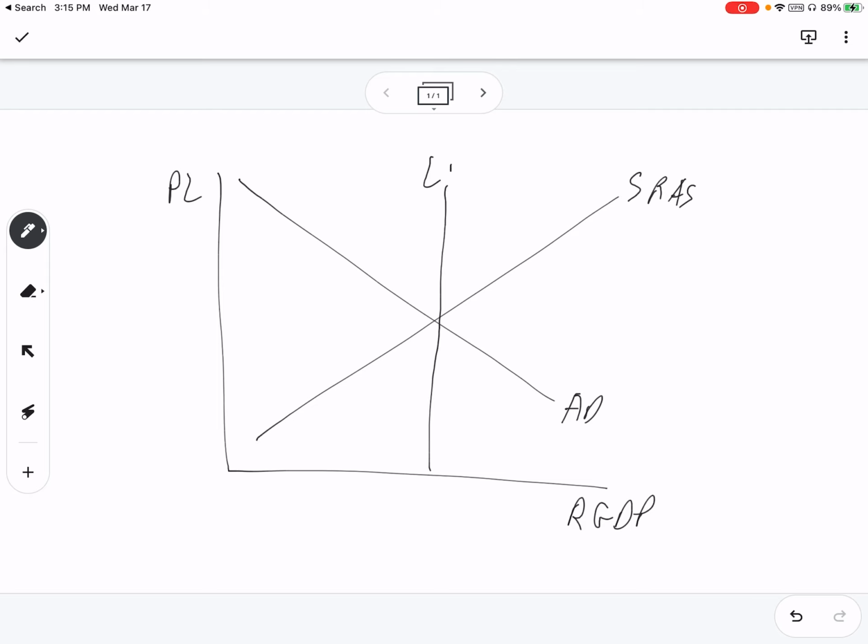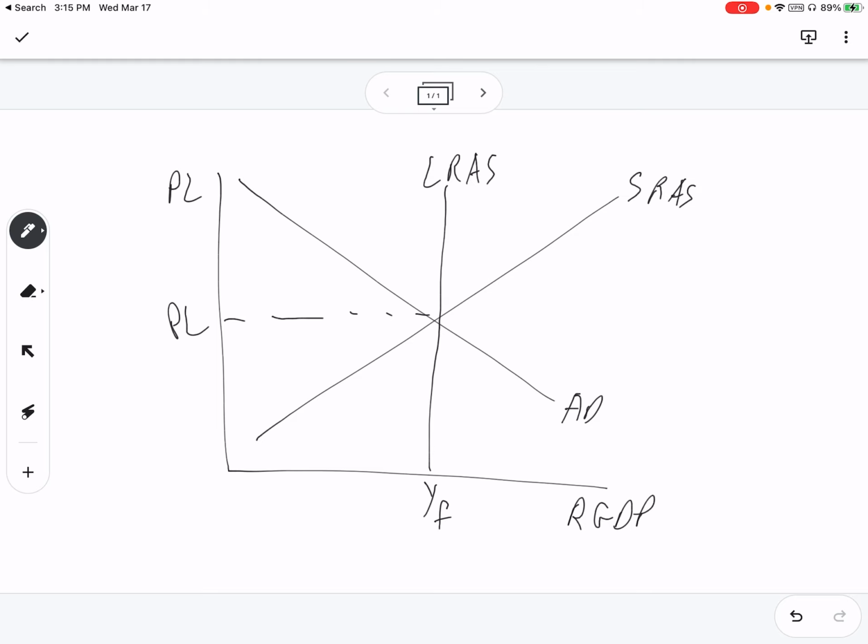And then you have this vertical line here, which is long run aggregate supply, which intersects the x-axis at full employment output, which represents what the economy is capable of doing when it is at full employment. So if we are doing about as best as we can, we are going to be producing at that level of real GDP at this particular price level.